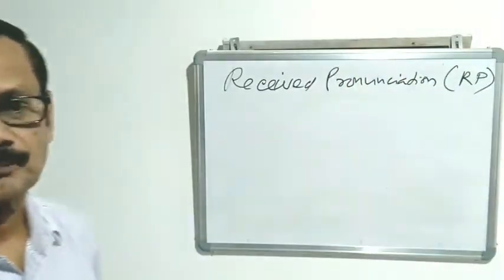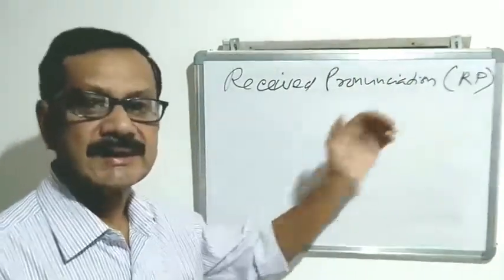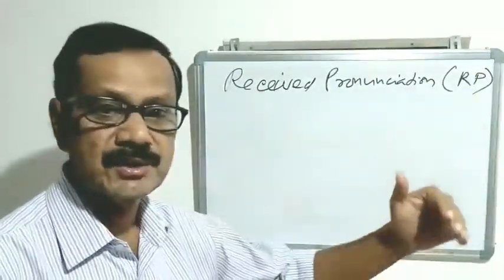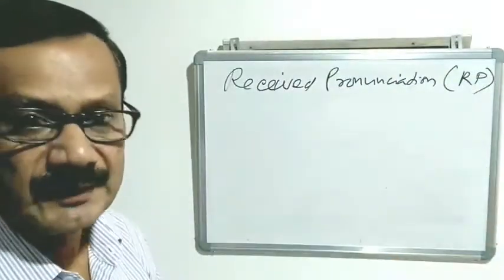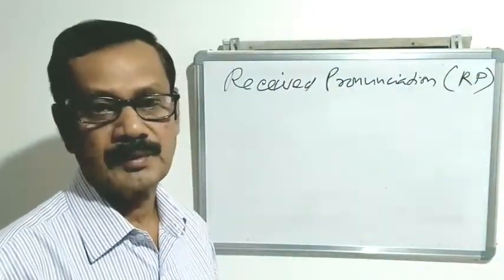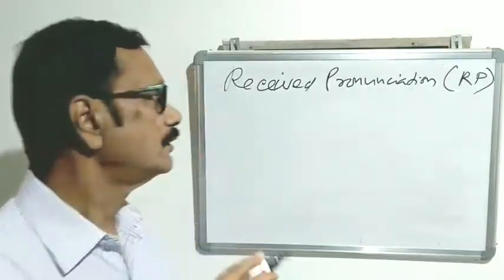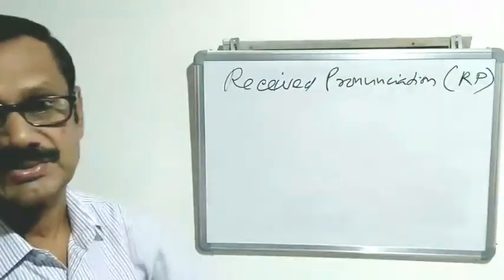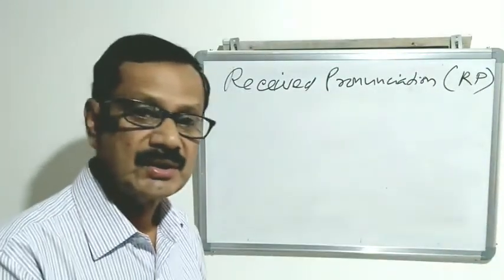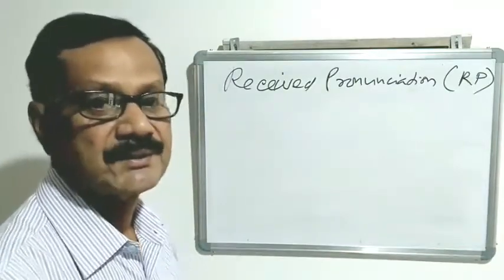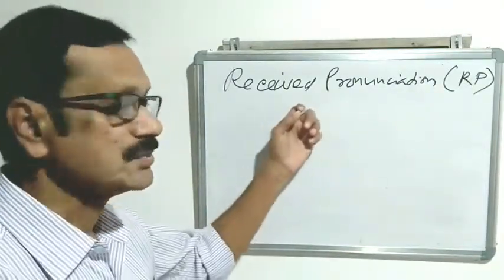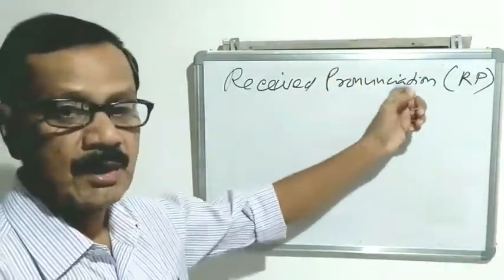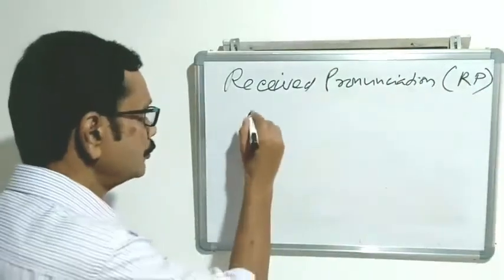In the same manner, received pronunciation is the pronunciation of the educated people of southern England, which became prestigious. Others imitated it, so this pronunciation became the accepted pronunciation, called received pronunciation, or RP.